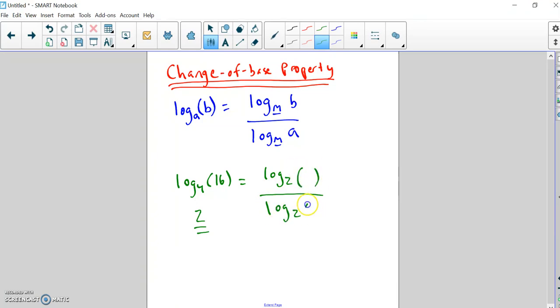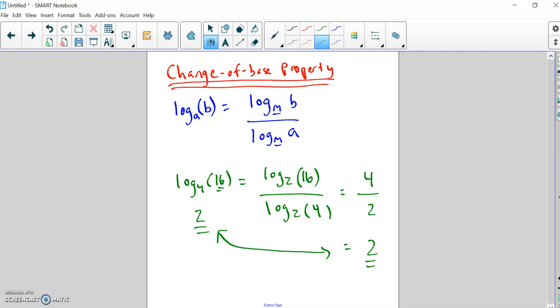And what goes in the top argument is 16, and what goes in the bottom argument is the base that we had on our original logarithm, which in our case was 4. And if we do the math for this, log base 2 of 16, 2 to the 4th power is 16. Log base 2 of 4, 2 squared is 4, and 4 divided by 2 is 2. So we see this property works right off the bat.